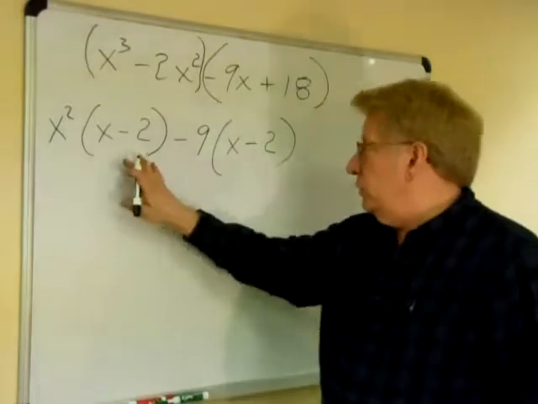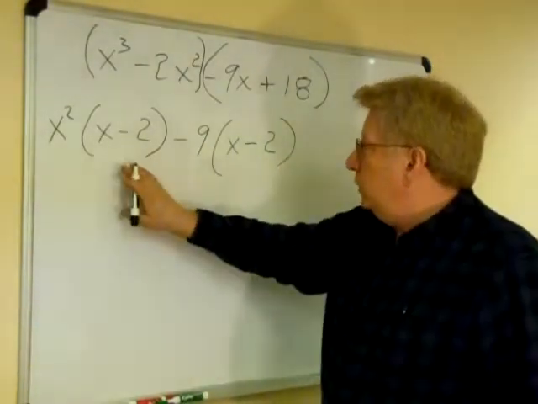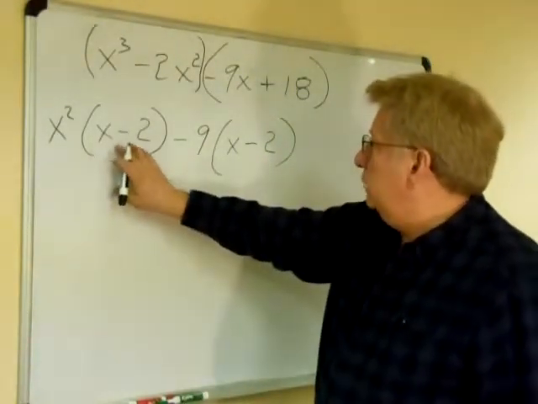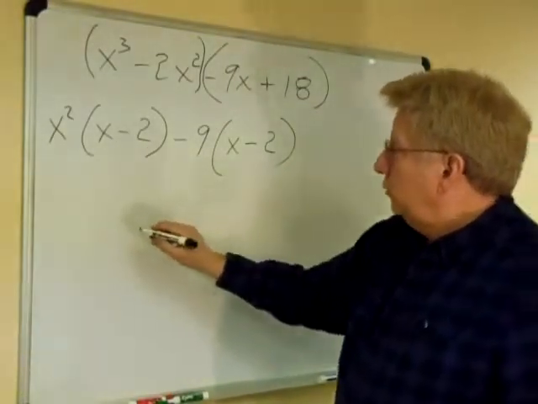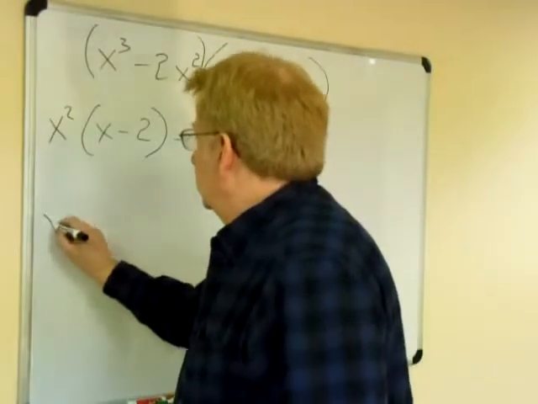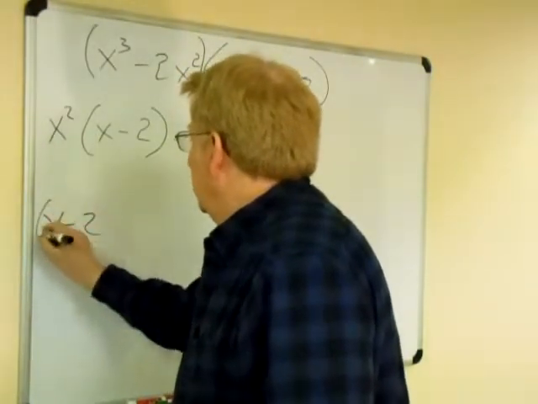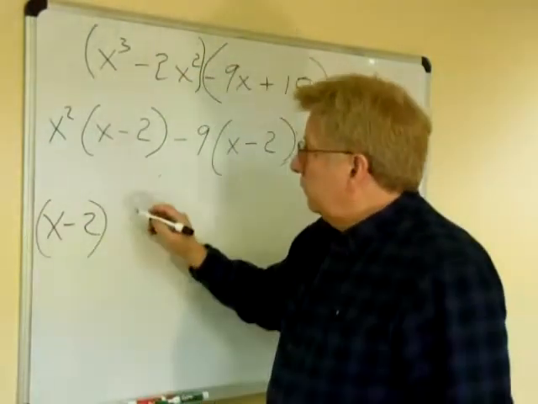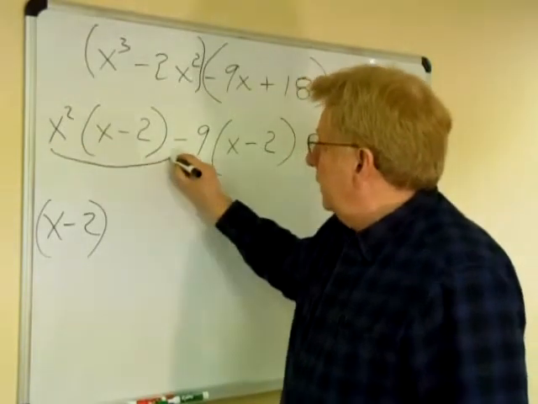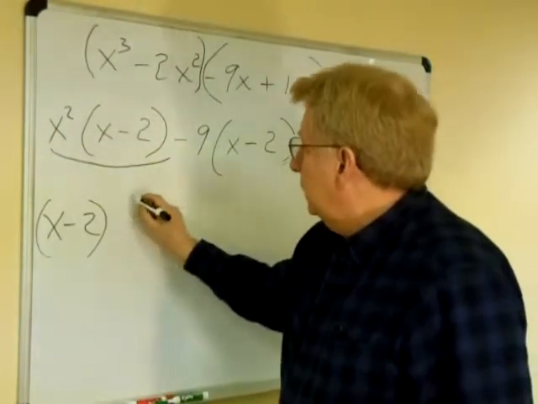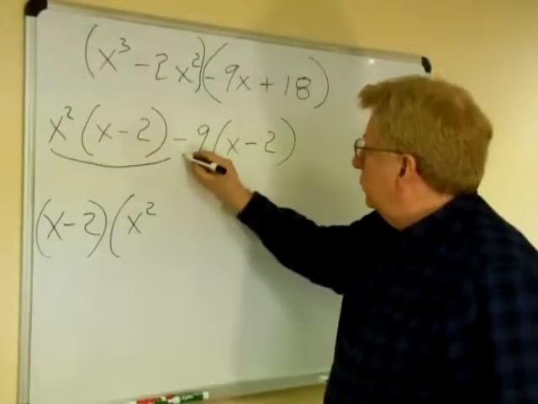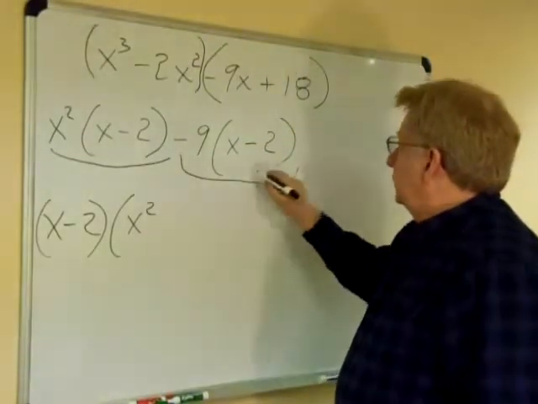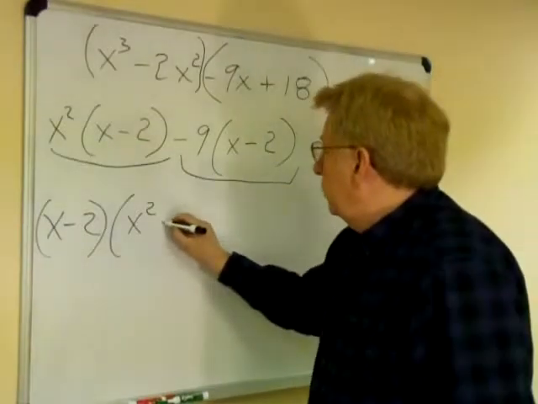Okay, now I can look at these two expressions, and I can see x minus 2 is a common factor in both. So I'll take x minus 2 and I'll put it over here. And if I divide this first term by x minus 2, I end up with an x squared. And if I divide this second term by x minus 2, I end up with a minus 9.